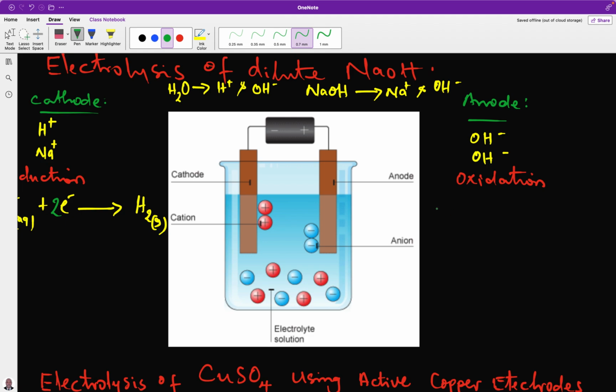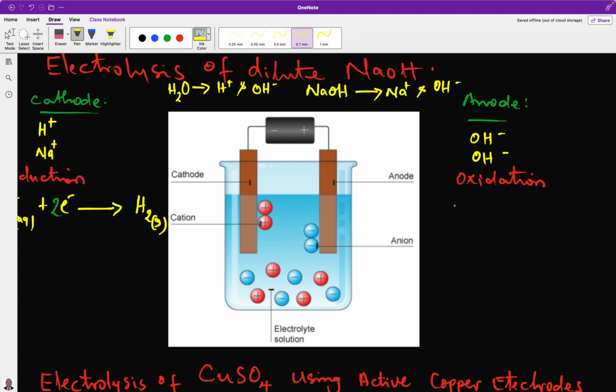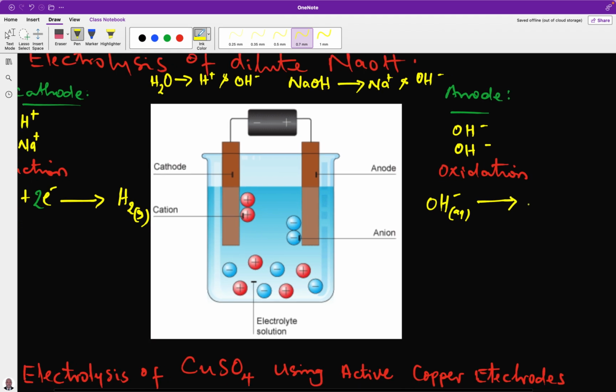The OH loses an electron to get a molecule of water.